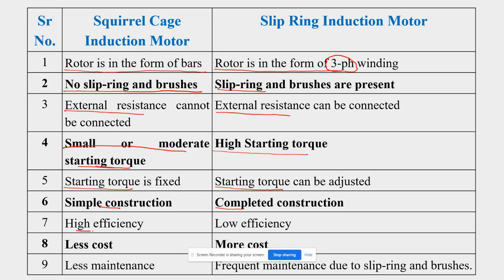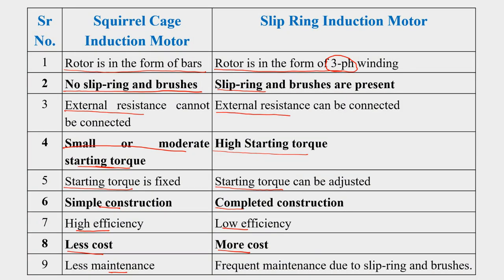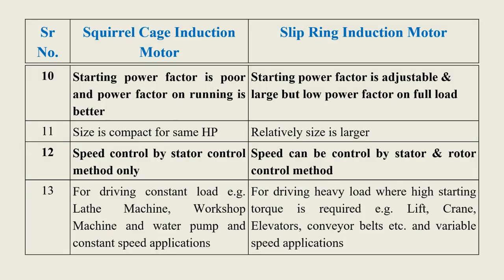Efficiency of squirrel cage induction motor is high. Efficiency of slip ring induction motor is low because of brush loss and the external resistance drop. The cost is less for squirrel cage. The cost is more for slip ring. Again, the squirrel cage induction motor has less maintenance, but slip ring induction motor requires frequent maintenance due to slip rings and brushes.